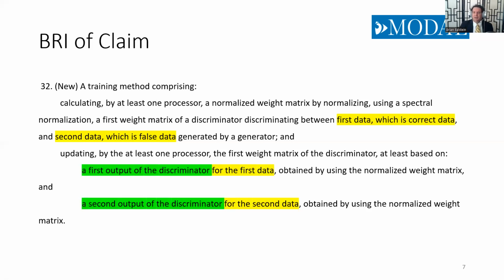The green highlighting illustrates the bases for updating the first weight matrix, right? Here, these are claimed simply as outputs of a discriminator. We've already discussed the potential breadth of the phrase for the first data.